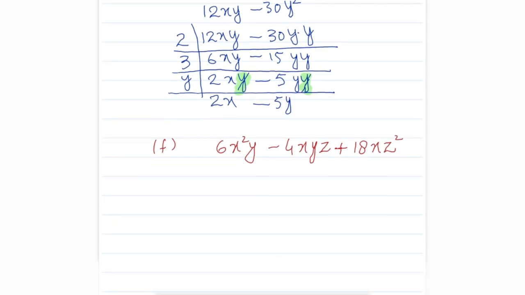No more common number and no more common variable. So this will give us 2 times 3 times y, and in the bracket there is 2x minus 5y. Or we can say it as 6y and 2x minus 5y. This is your factorization and this is your answer.